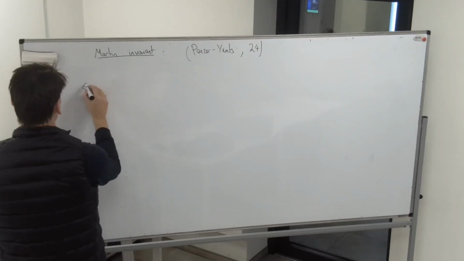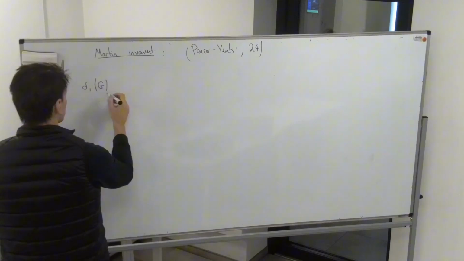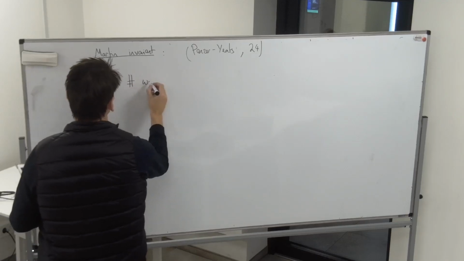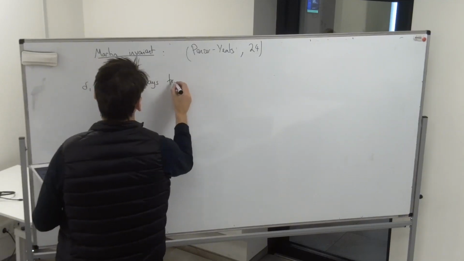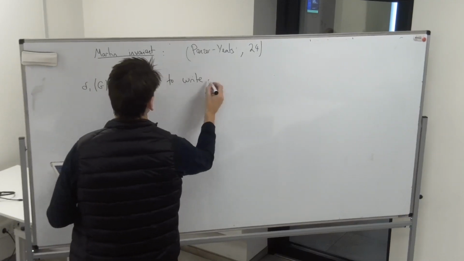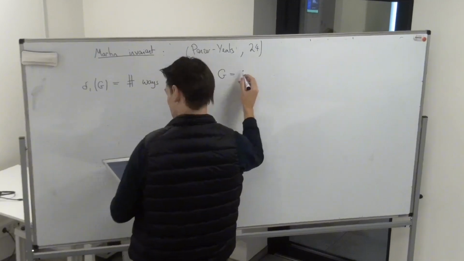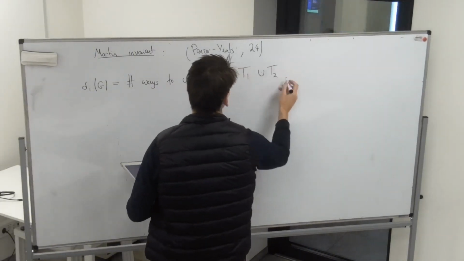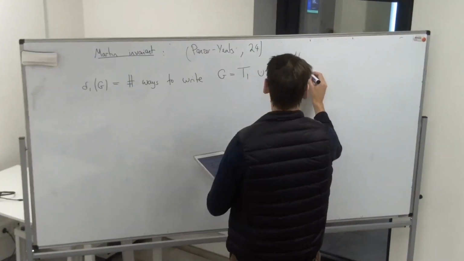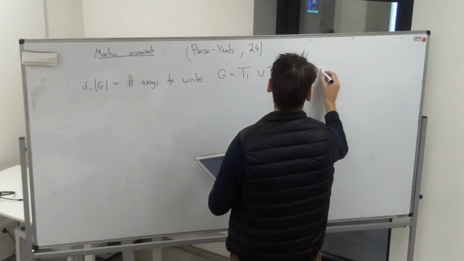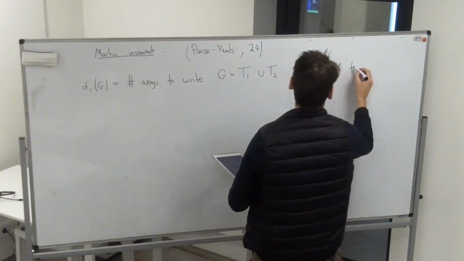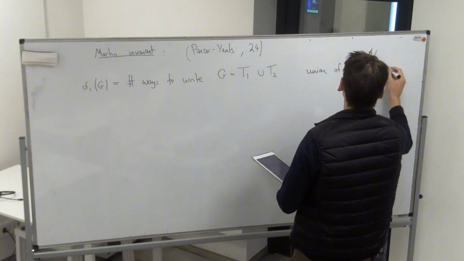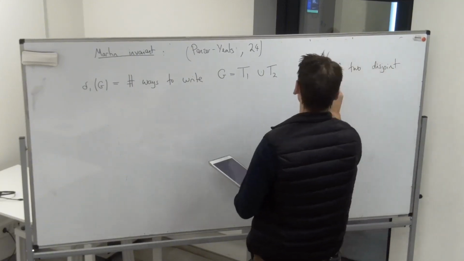So delta 1 of G equals the number of ways to write G equals T1 disjoint union T2, a disjoint union of two spanning trees.